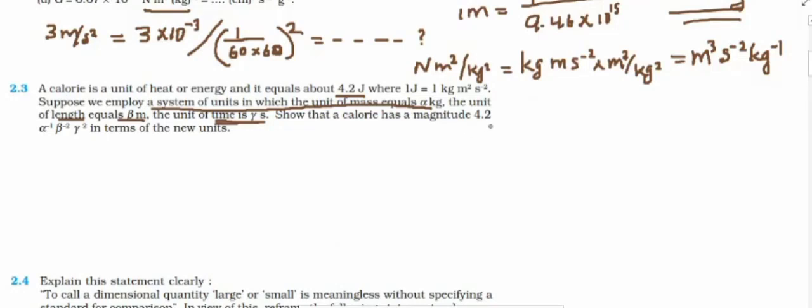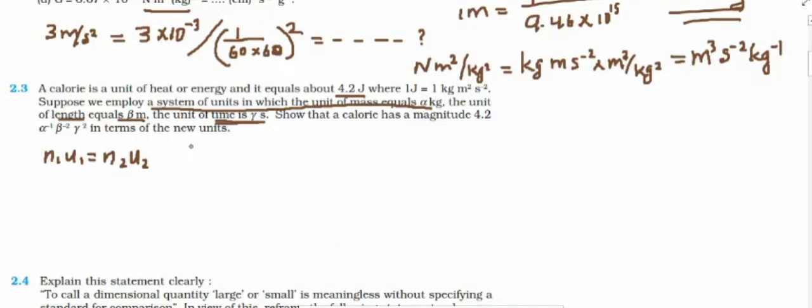Now show that in the new system, it is 4.2 alpha raised to 1, beta raised to minus 2, and gamma square. It's a question of unit conversion, and we know the unit conversion formula, that is n1 u1 is equal to n2 u2. Here the dimension is energy.